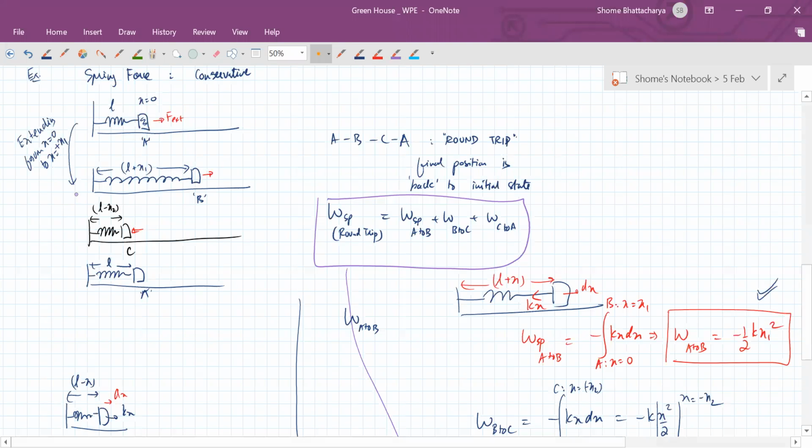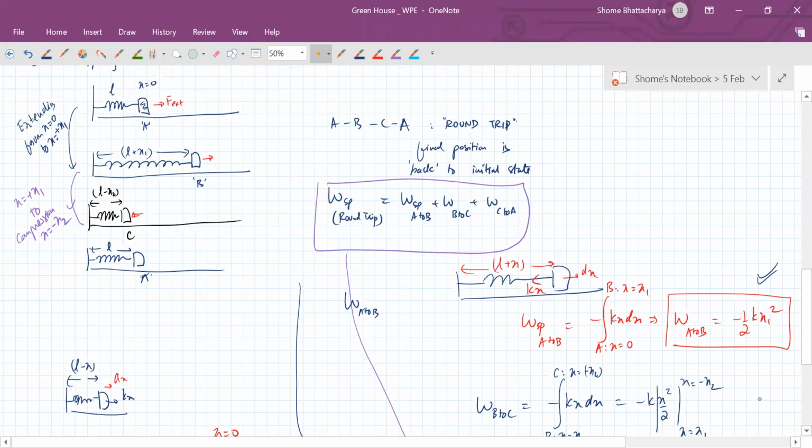Then next what I'm doing, I'm taking it from there to compression, to a compression of x equal to minus x2. So that is the second part which is giving me this work done, B to C, which you will see below this part. Okay, and then I'm bringing it back to natural length. So that's the round trip.